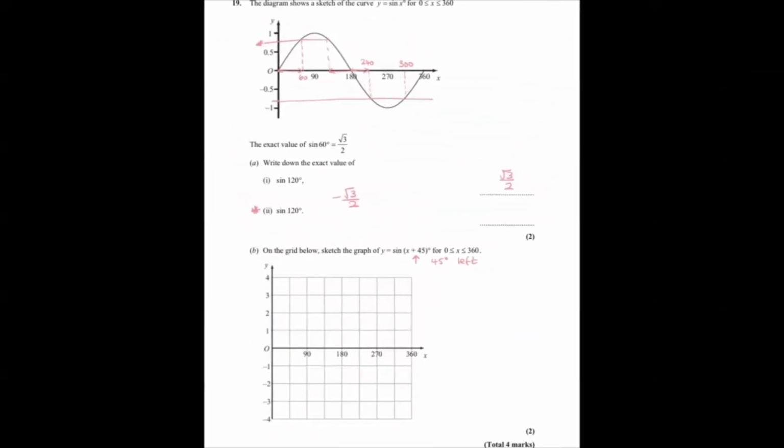Let me get this small enough. All you have to actually do is trace the shape, and then you can take your tracing paper and you can put it where it was originally, and then you can just do that 45 shift. That shows you where it needs to be, and that would be your answer.